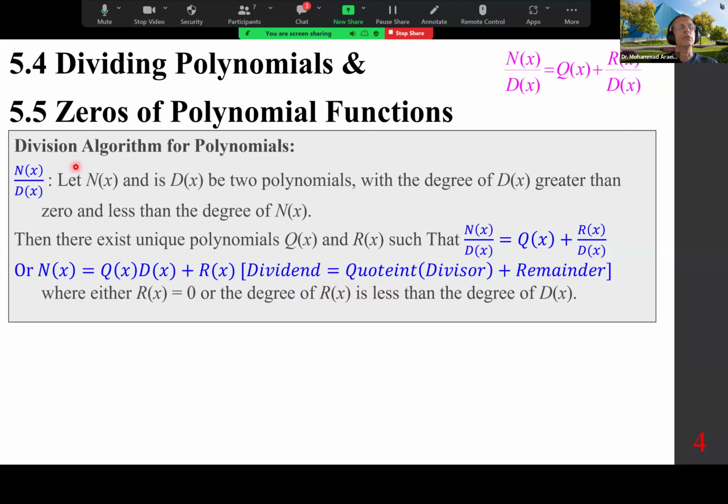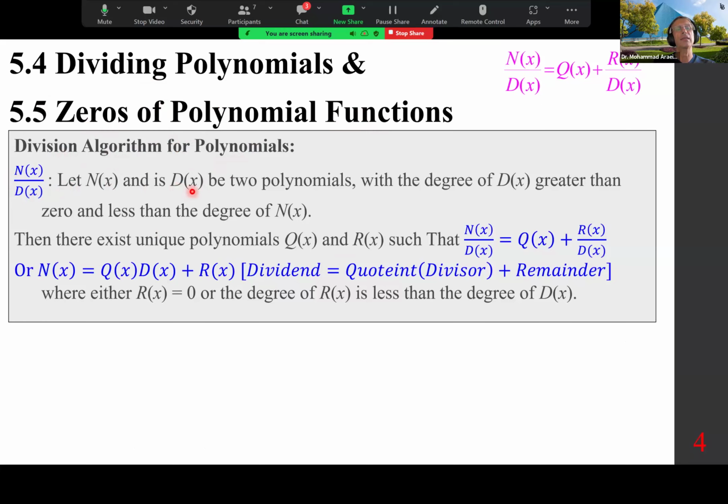And now the new sections: 5.4, dividing polynomials, and 5.5, zeros of polynomial functions. A division algorithm for polynomials: n of x, numerator, over d of x, the denominator.